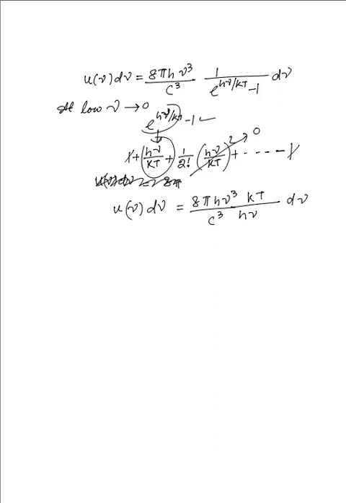One of the h can get cancelled out, and one of the nu gets cancelled out, so this is simply nu square.